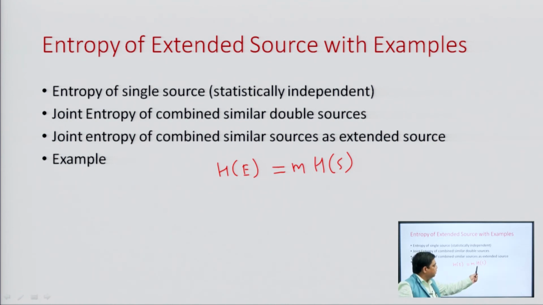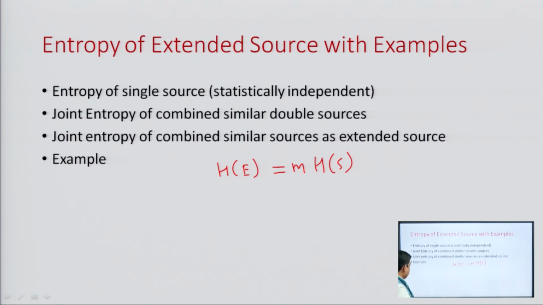Hs is the basic source with its probabilities. Then the entropy of the extended source can be calculated using this, and this can also be proved. That is very easy, and we will see with some examples how it can be calculated.